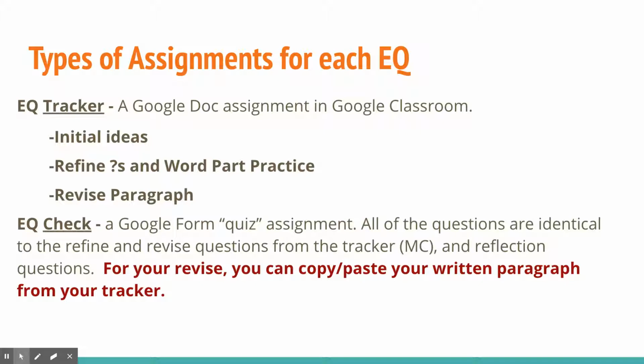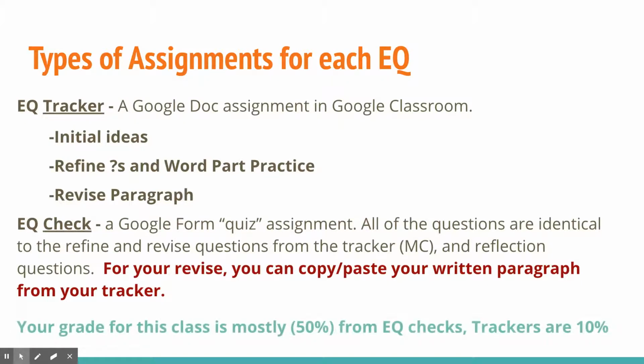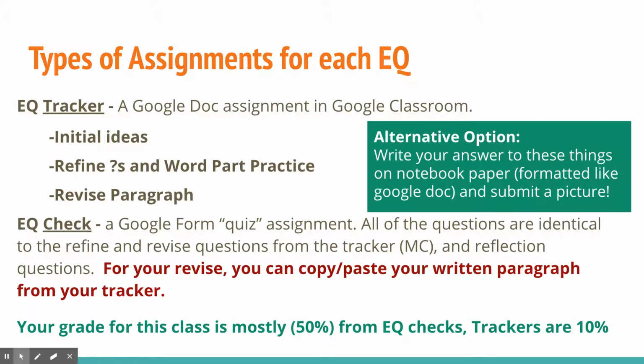You can even just copy and paste your revised question from the EQ tracker to the EQ check. Remember, work smarter, not harder. And then for your grade for this class, 50% of the grade is from the EQ checks, and the trackers are about 10% of your grade. And if you are a type of person who likes to write things down in a notebook, you don't have to do it twice.